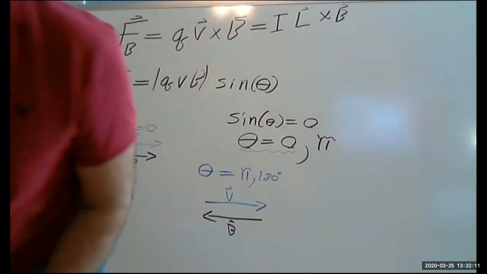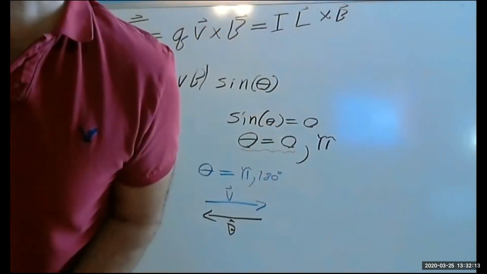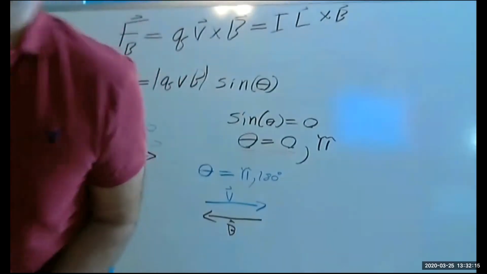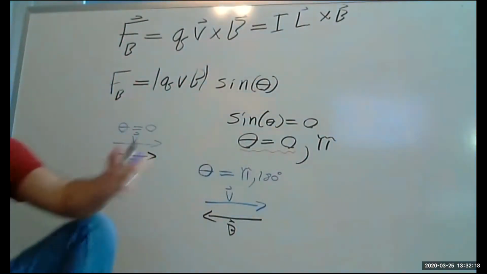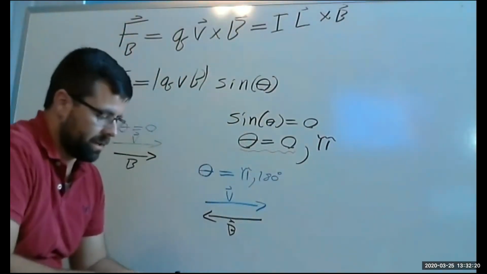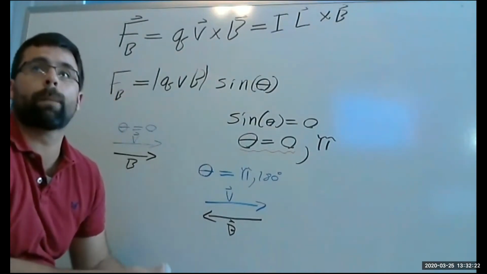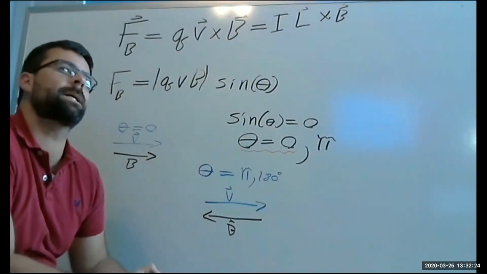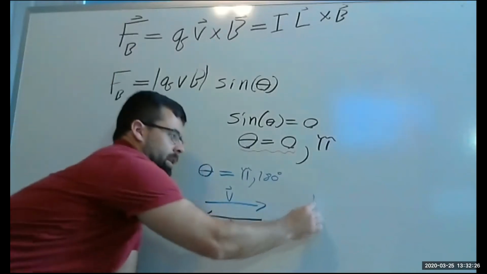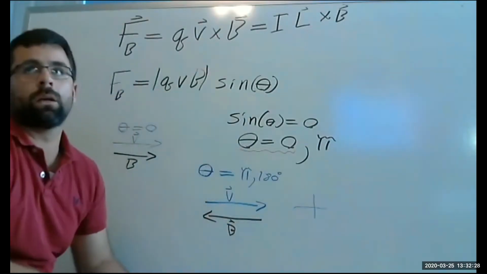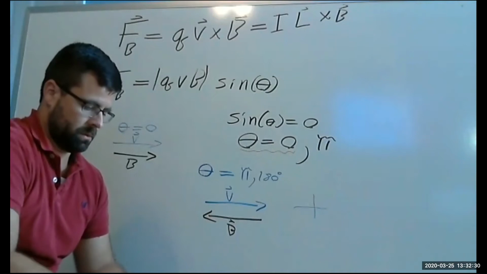And does anybody know what this is called, when two vectors are in opposite directions? Perpendicular? No, perpendicular means kind of like an X. What letter does it start with?